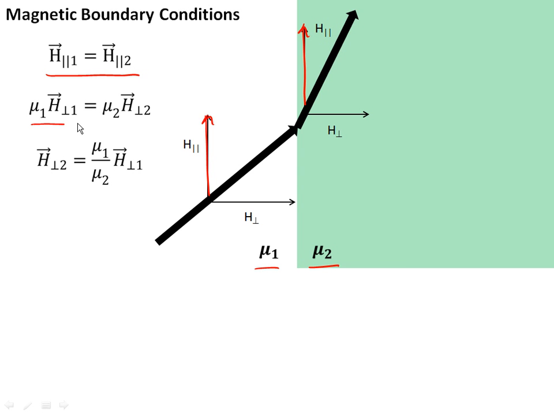However, the magnetic fields going perpendicular to the surface of the material, which we call H perpendicular, are affected by the relative permeabilities the same way they were for an electric field, and so we can come up with this expression for the ratio of the magnetic fields on either side. And again, just like before, this results in a bending of the magnetic fields when it goes into a material that has a permeability different than 1. In other words, a magnetic material.